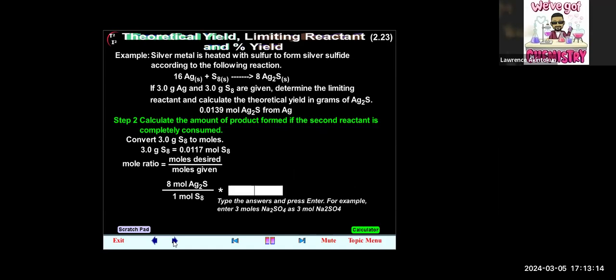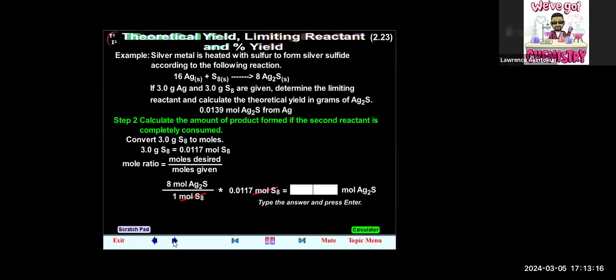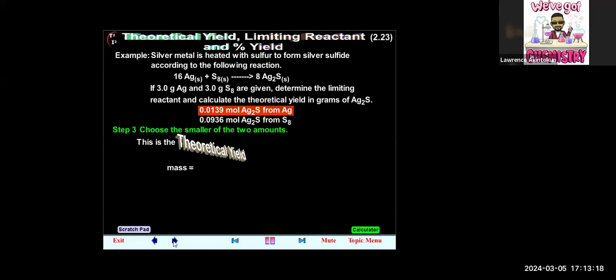All right, do the same thing for the second reactant. Same steps. Mass is equal to moles times molar mass in grams per mole. The one with the smallest mole amount is 0.0139 mole of Ag2S from silver. That is what is used.